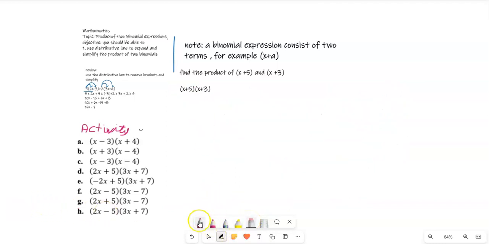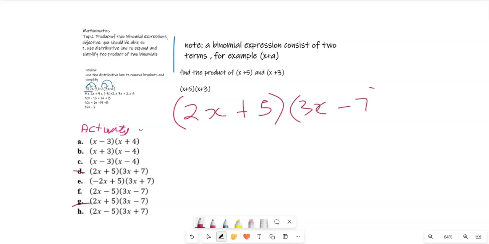Alright, so the next one we're looking at now is, let's do G. 2x plus 5 multiplied by 3x minus 7.